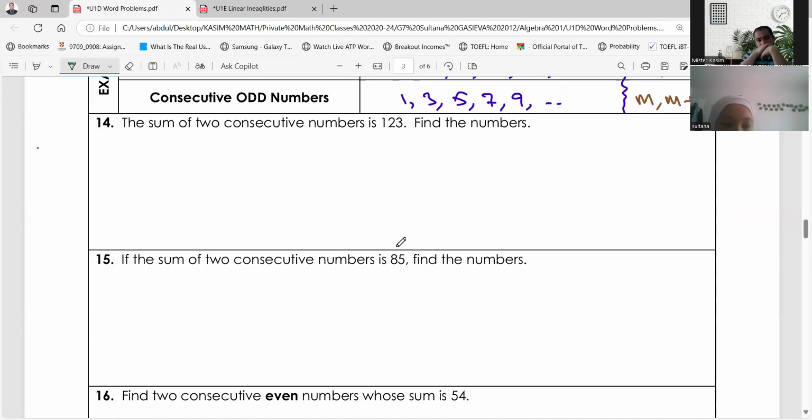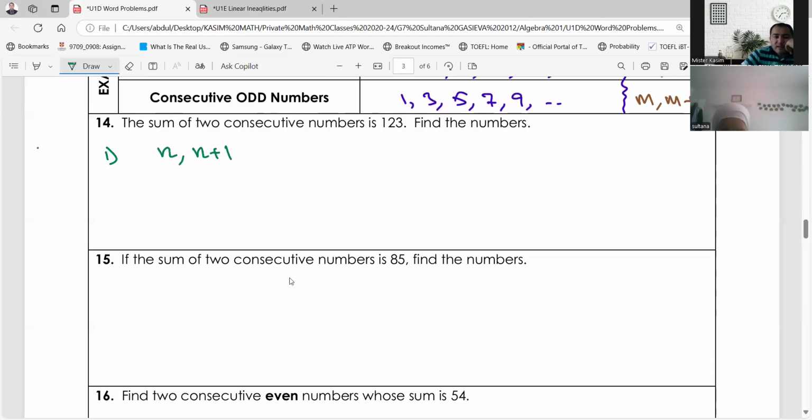Okay, read question 14. The sum of two consecutive numbers is 123. Find the numbers. So Sultana, here we are going to practice algebra. We have to solve this using the algebraic way. The first step: the sum of two consecutive numbers, right? If the first number is n, the next number should be n plus 1, right?